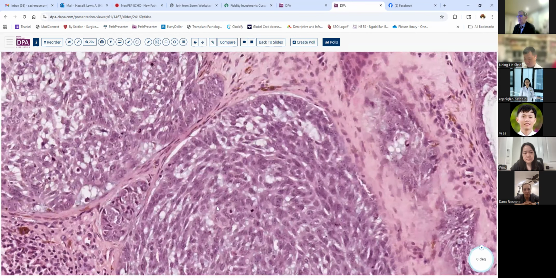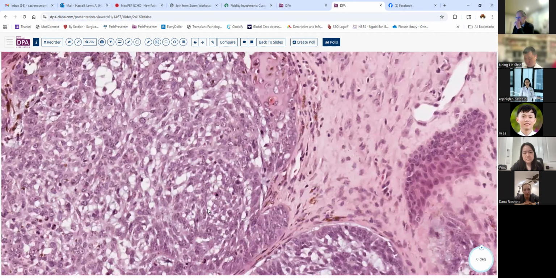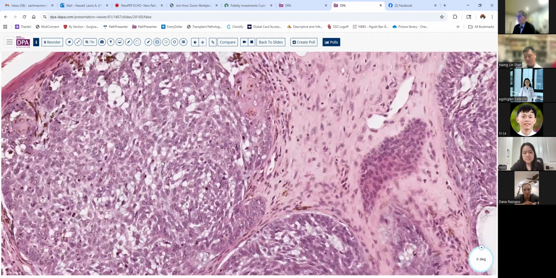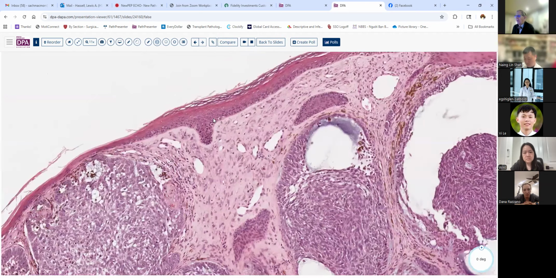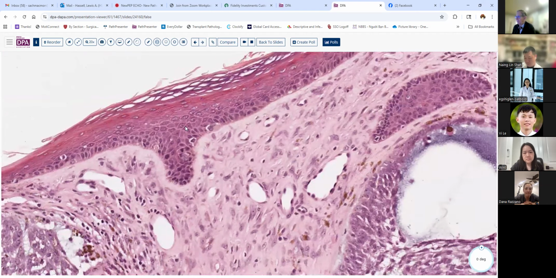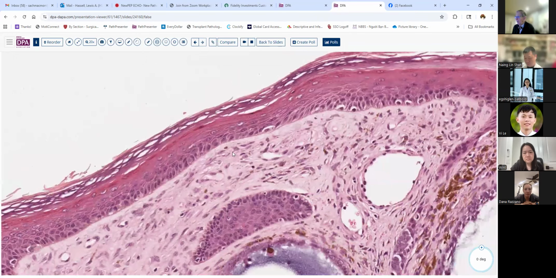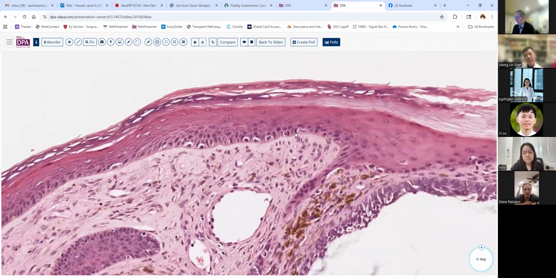So that actually does become a consideration that this is a spindle cell nodular melanoma. And even to go along with that, here's a couple of funky looking melanocytes in the epidermis. You don't really see a true in situ lesion here, but you do see some prominence to these melanocytes.